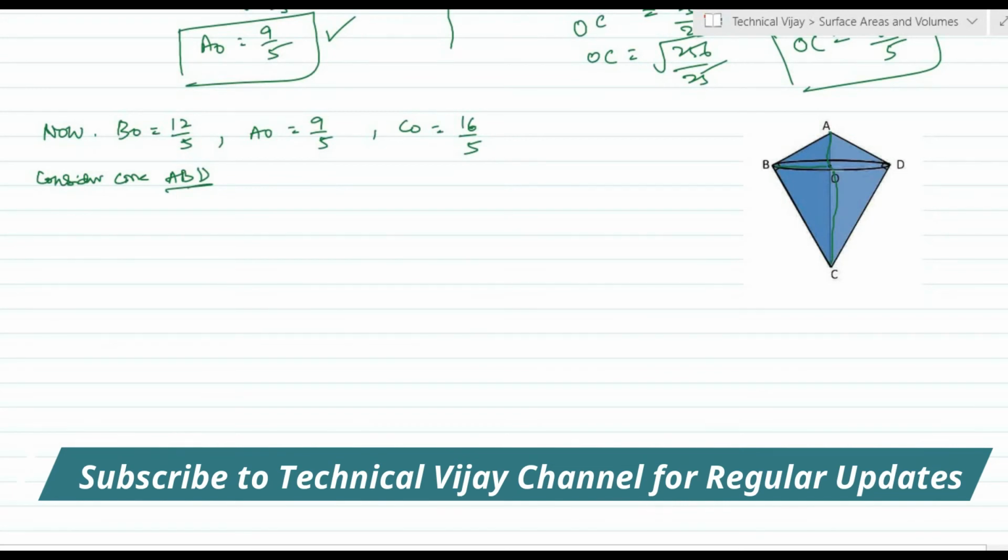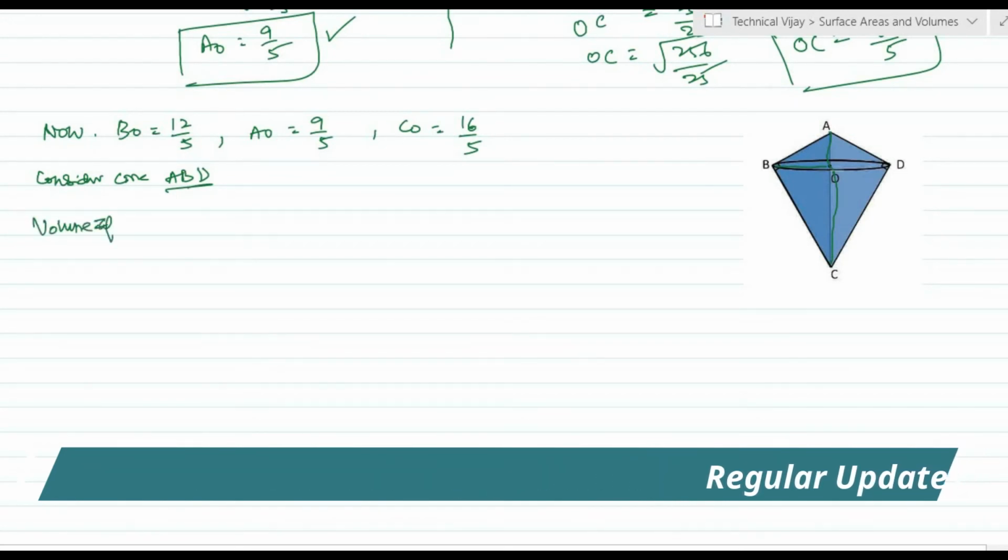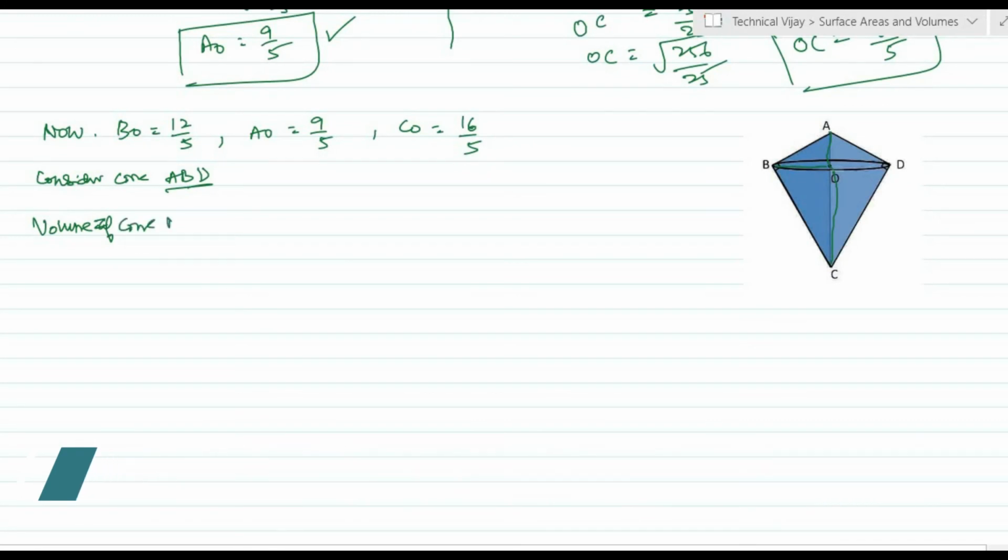Here the volume of cone ABD is equal to 1 by 3 pi r square h. Here r means radius. For ABD, radius means BO, that is 12 by 5. So 12 by 5 into 12 by 5.